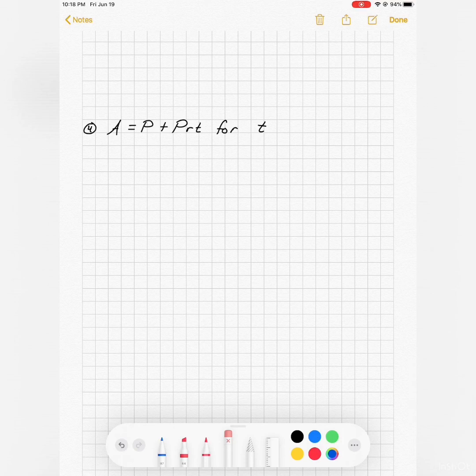Solve A equals P plus PRT for T. Okay. So let's subtract the P. A minus P equals PRT.